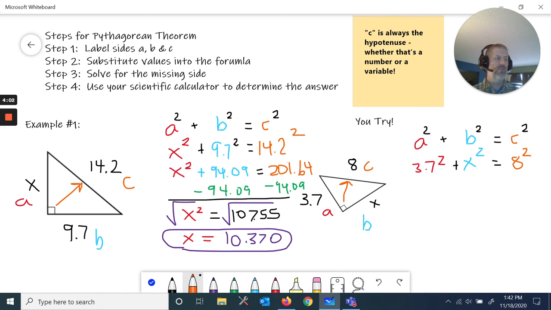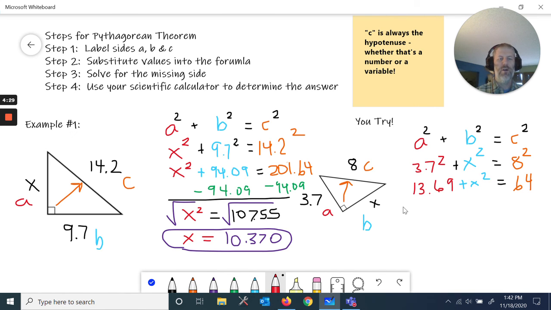Okay, so I need to do 3.7 squared in my calculator. 3.7 squared, and I get 13.69. And I remember that 8 squared is equal to 64. And that's orange. Hopefully my colors are helping to keep you organized.